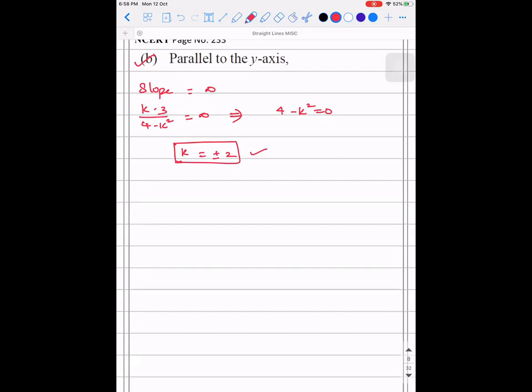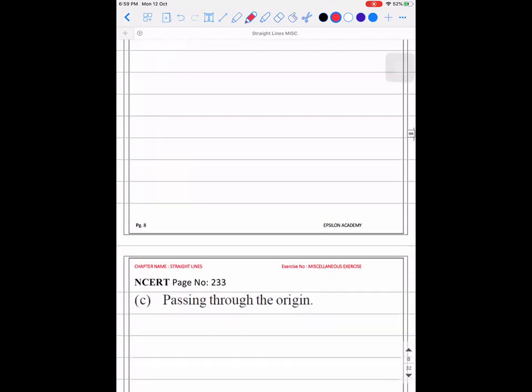Don't write it as k is equal to 2. k is equal to plus or minus 2.